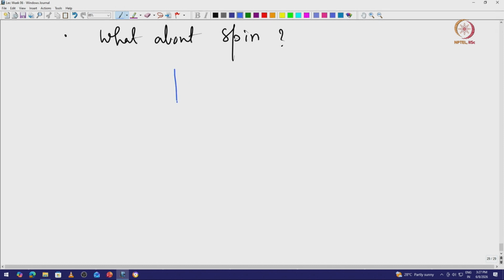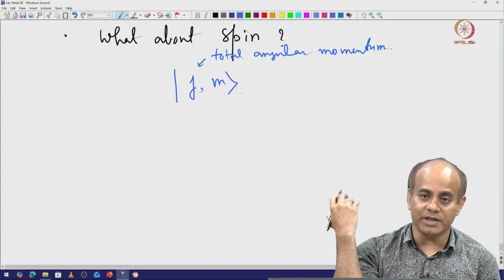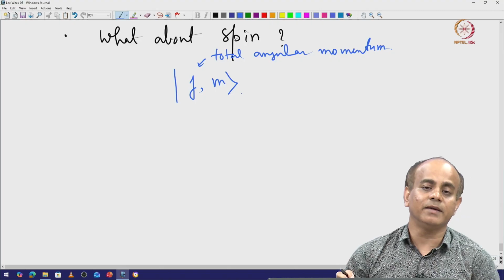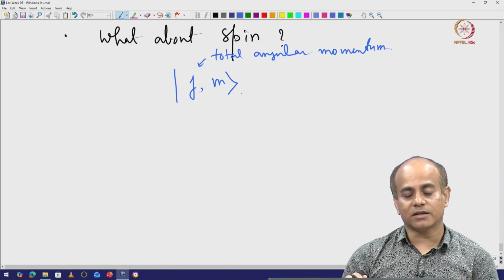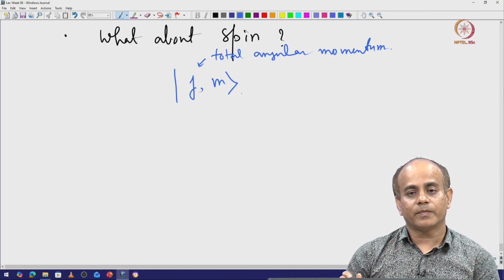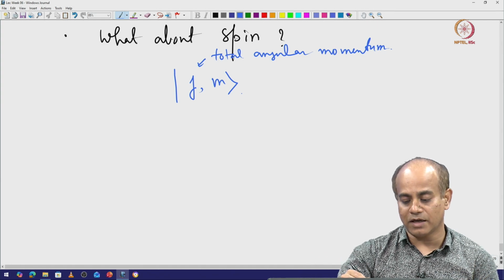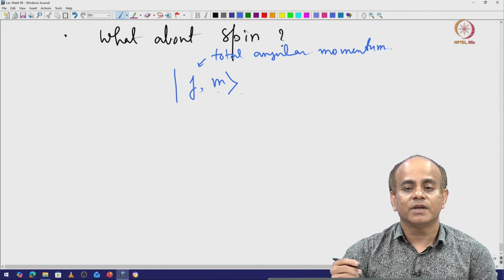Let us take any total angular momentum, which can be linear momentum, spin, or their combination. So, whatever I am going to derive for time reversal will be valid for any angular momentum, and this is the z component.